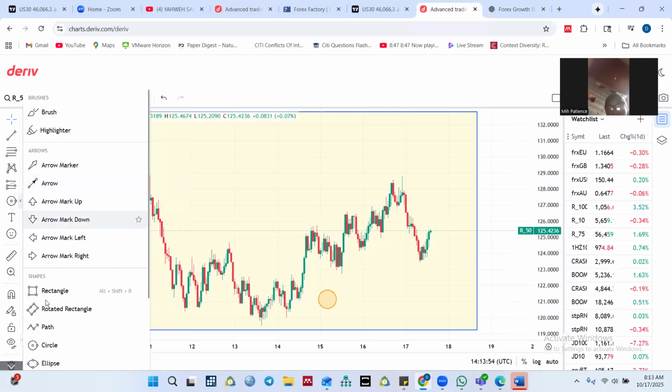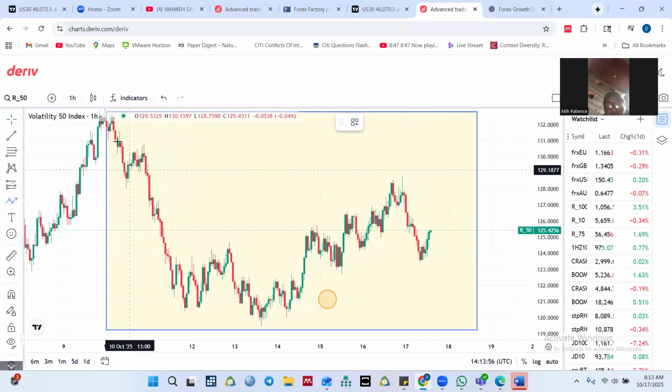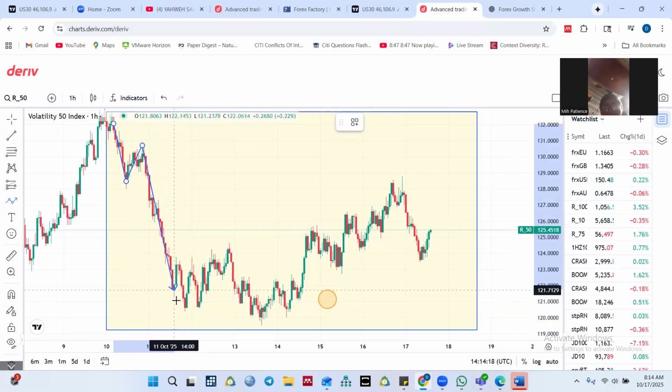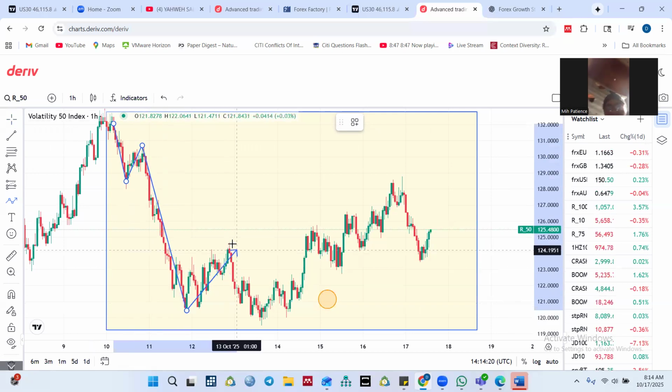So let me draw the movement of price as it came from up here. It made a low, made a high, lower high. Because it's descending, it's going lower, lower. So we need lower lows and lower highs. We got a lower low here.